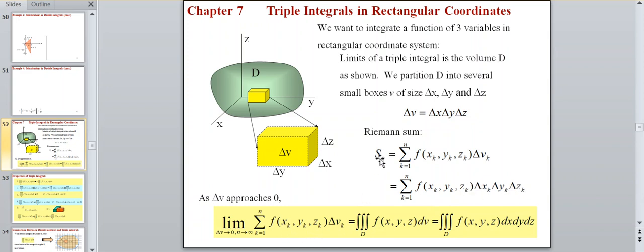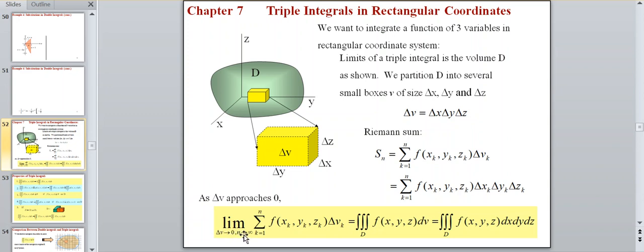So now we take the limit of this Riemann sum when n approaches infinity. When n approaches infinity, this is equivalent to saying that the volume of the largest box approaches zero. But okay, just focus here.